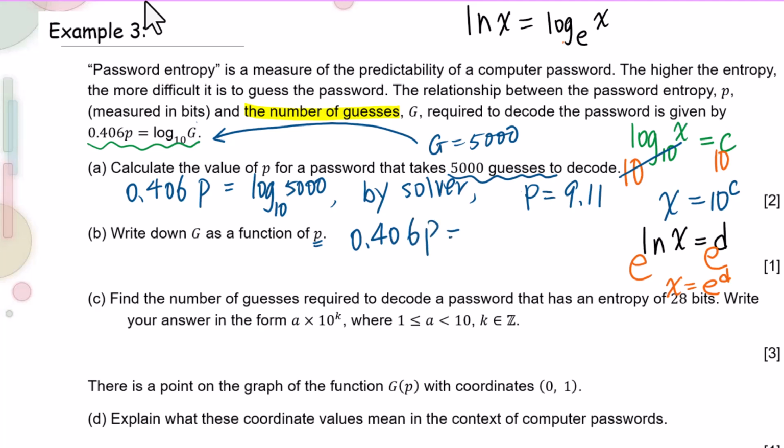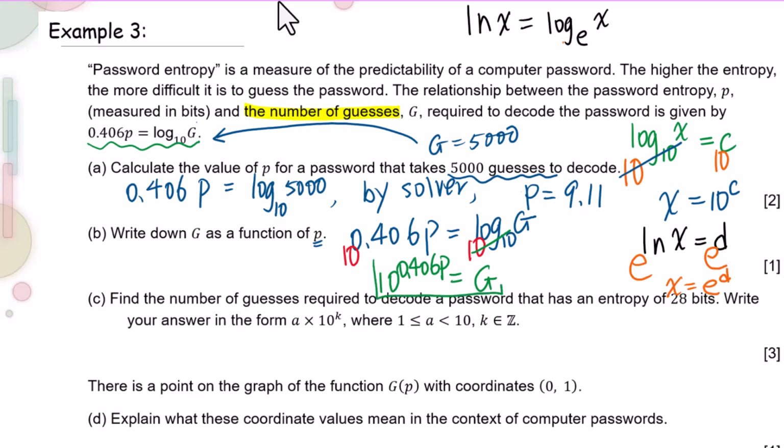0.406P equals log base 10 of G. We will add 10 as a base on both sides. Then cancel. We got G equals 10 to the 0.406P power.